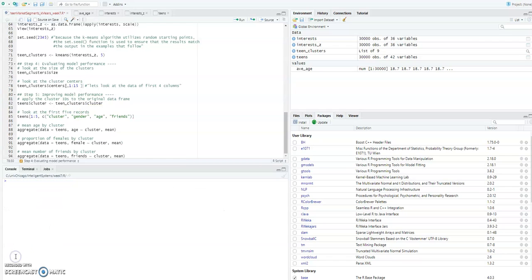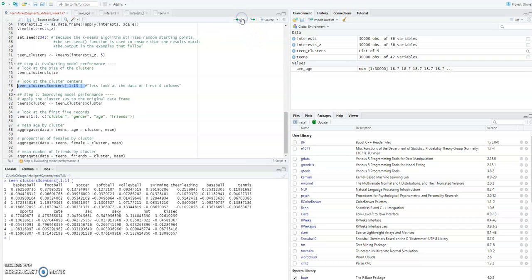Let's take a look at the first 15 variables. I just chose the first 15 variables. You can take a look at the entire 36 variables.